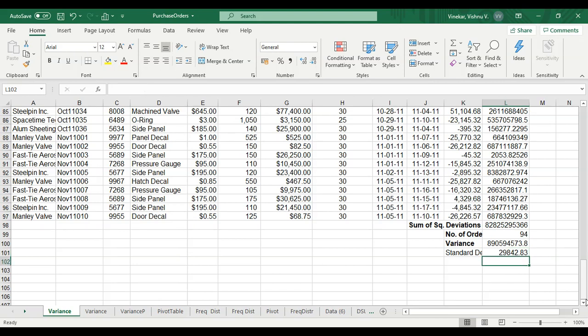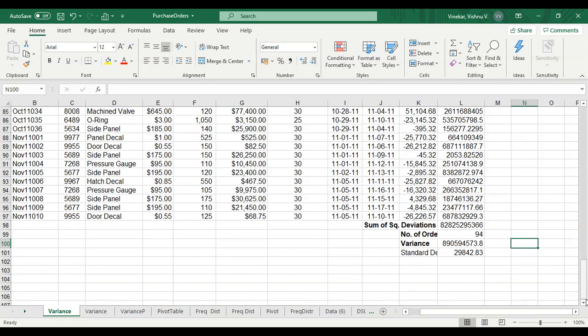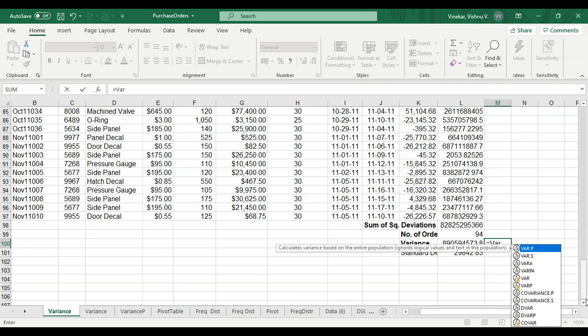So in this case, we can use Excel's built-in function to calculate the variance and standard deviation. We're going to use Excel's formula VAR, and then you'll see two pop up: var.p and var.s. So var.p is the variance of the population.